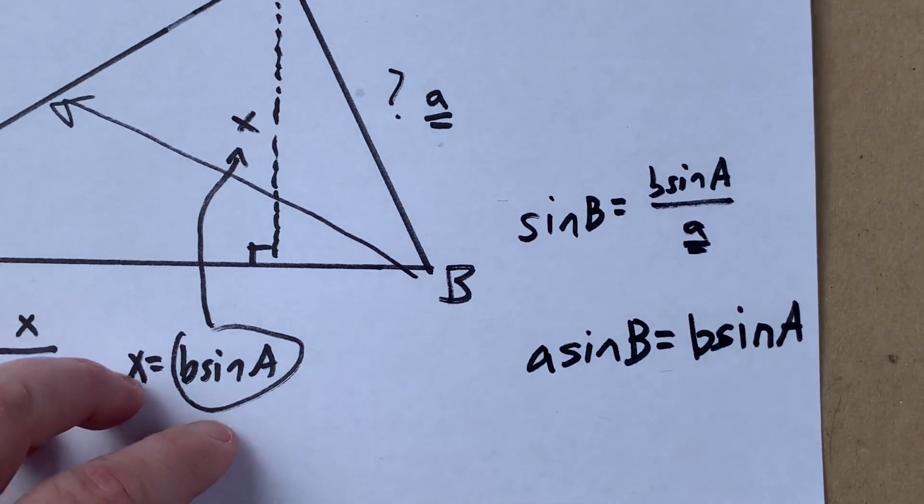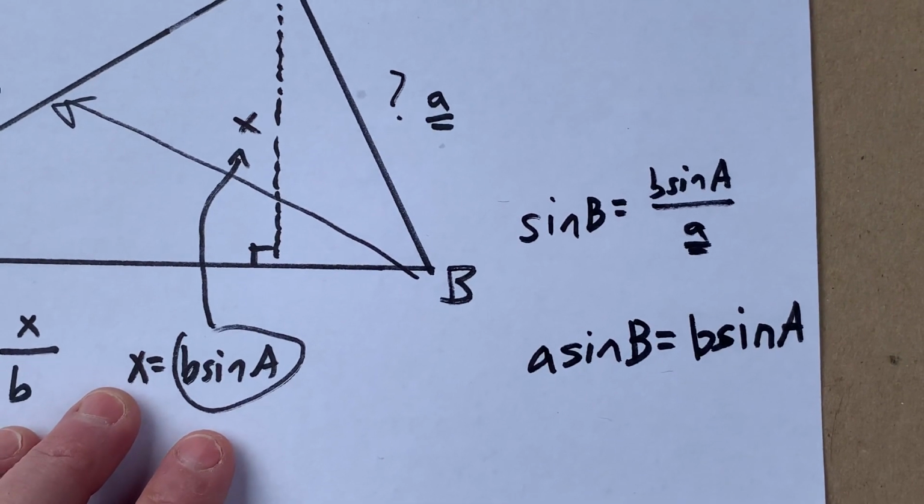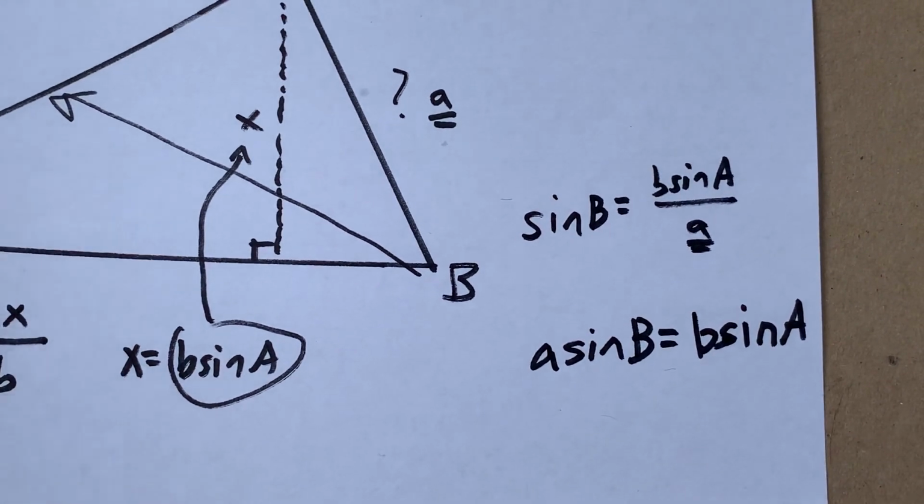A sine B is equal to b sine A. Since we don't have any numbers, we don't really know where a good stopping point is. Let me just take this here and move it off to the side.